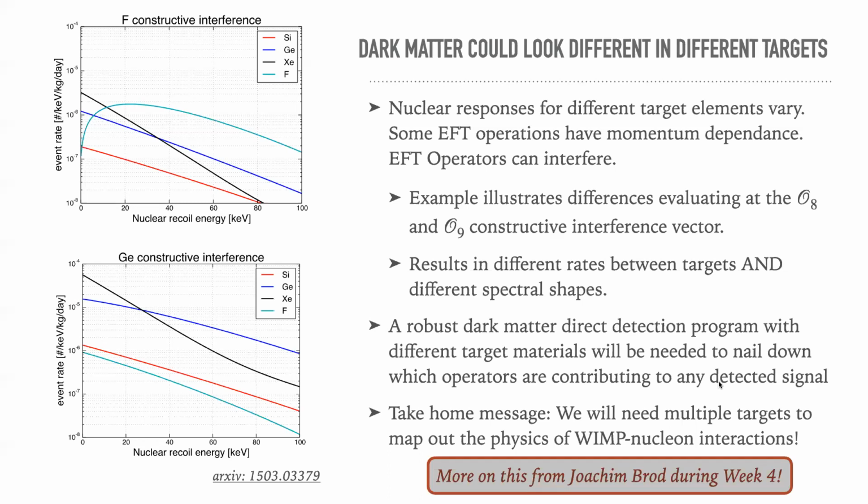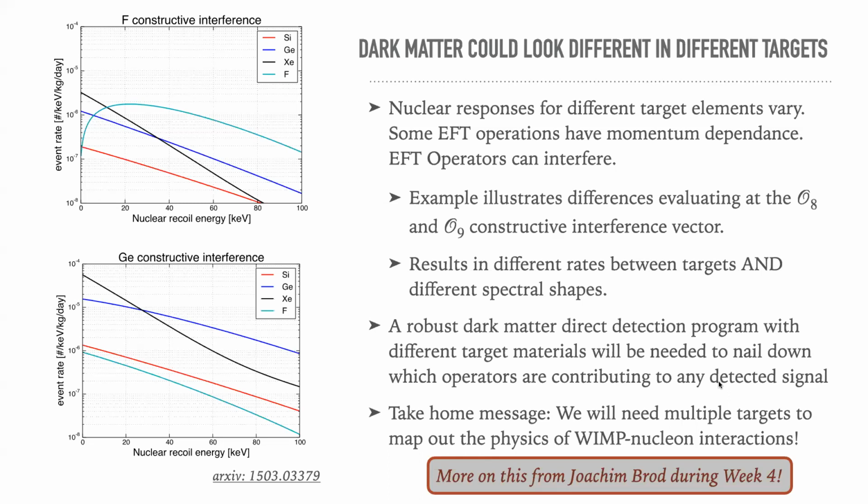What you can see is that the results give different rates between different targets, right? Different ones are favorable, and different spectral shapes. So look up here at what the fluorine is doing.